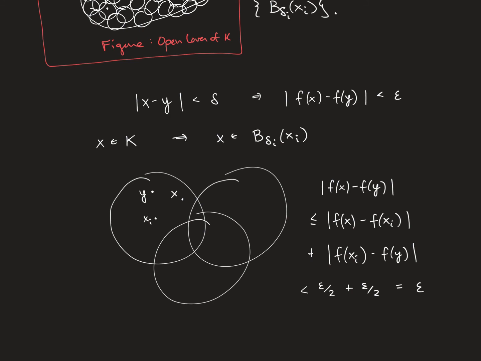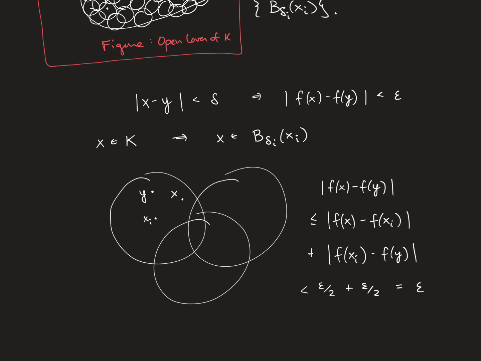The problem with this is that there's no way to pick a uniform delta. What we're trying to do is put a delta ball around x and say that everything inside that delta ball is going to have this inequality. But the problem is there's no uniform delta ball that we can put around x that ensures that all of the things in that delta ball are also in this bigger ball around x sub i.